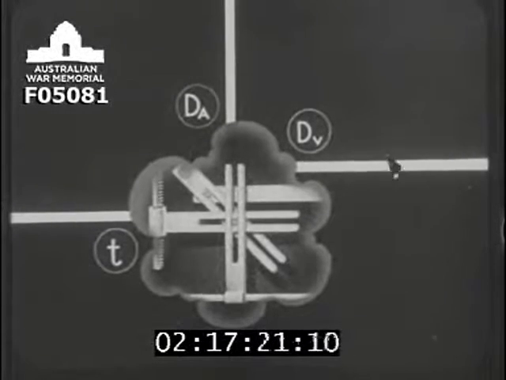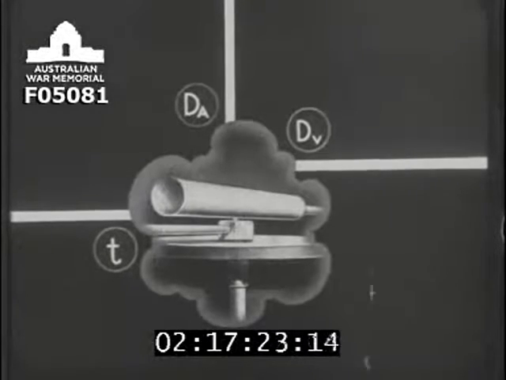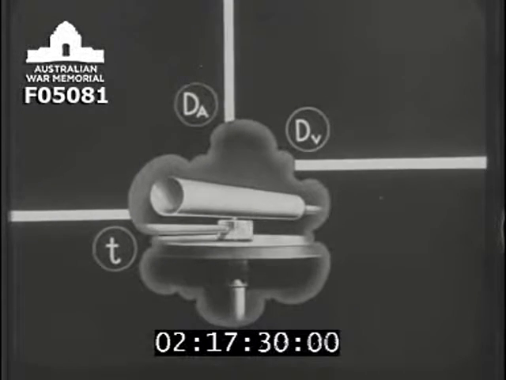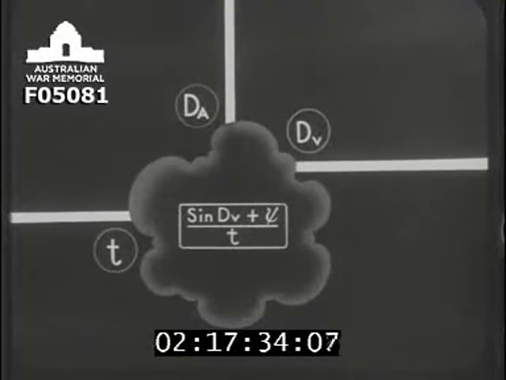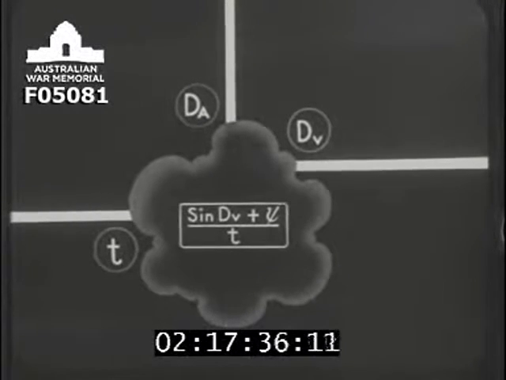These three are all combined by a combination of cams, triangular linkage, and a ball and disc drive, driven by the so-called clock, actually a constant speed motor. And the result is sine dv plus psi over t. This is a rate. It's one side of our elevation equation.